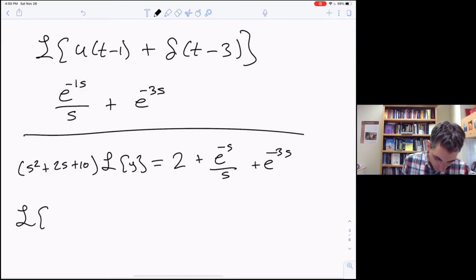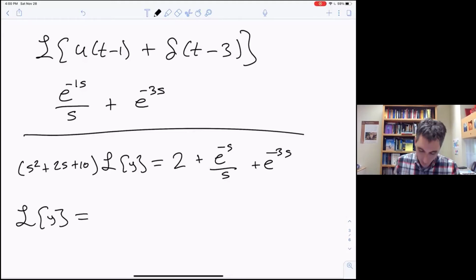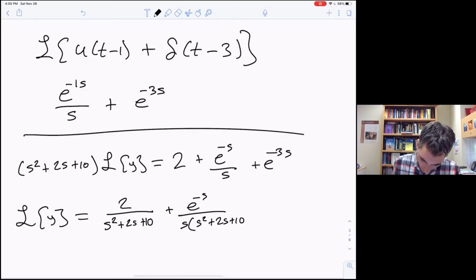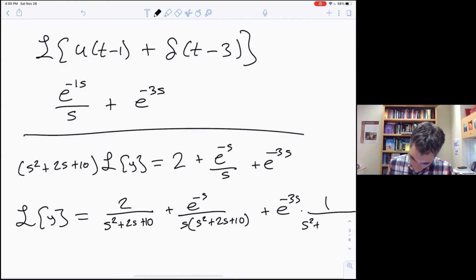And so after the dust all settles, you get L of y equals 2 over (s² + 2s + 10), then e to the minus s over s times (s² + 2s + 10), plus e to the minus 3s times 1 over (s² + 2s + 10).